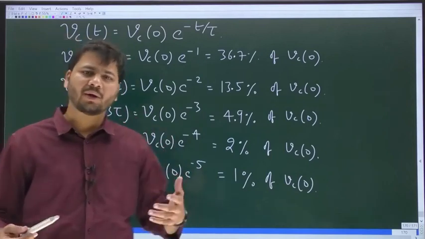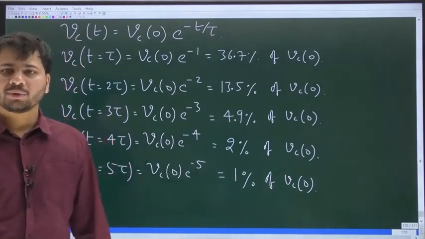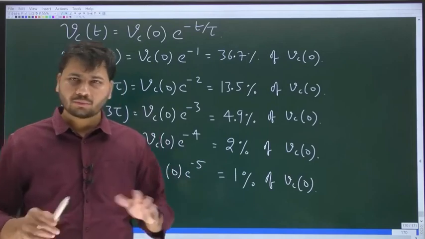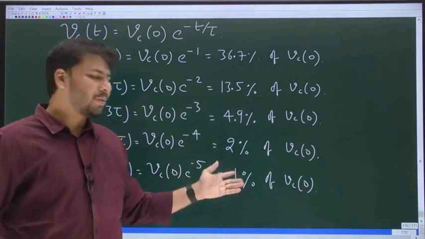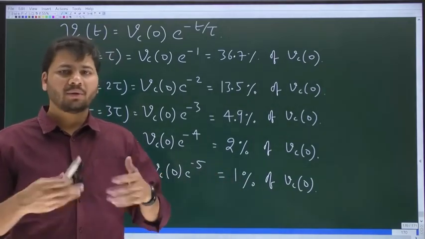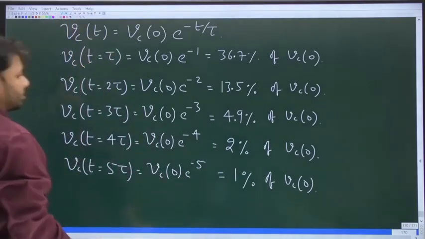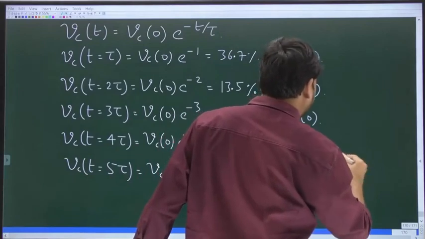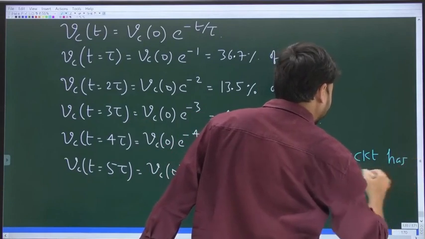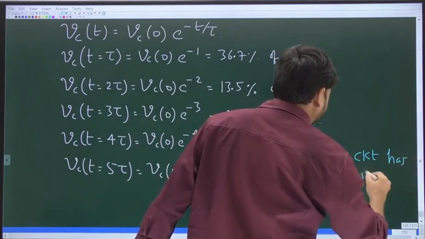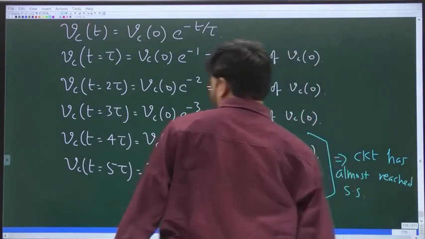So when Vc becomes 1/100th of its initial value, we say the circuit has almost reached steady state. We won't wait for Vc to become 0. Even if Vc becomes 2% or 1% of its initial value, we say the circuit has almost reached steady state.